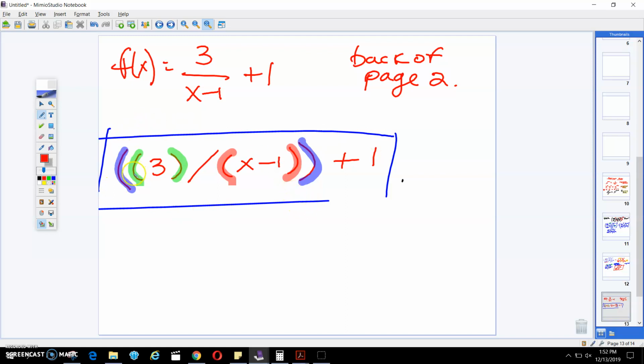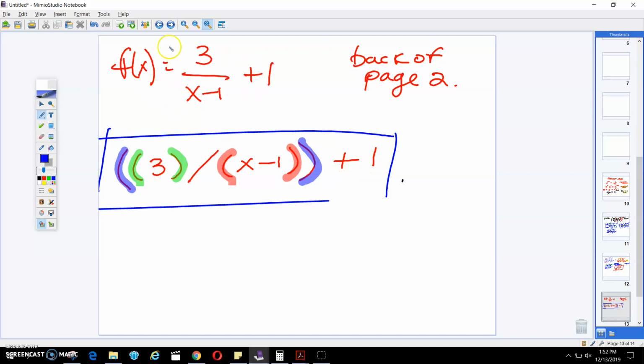The reason I have so many parentheses is if I just type in 3 divided by x minus 1 plus 1 with no parentheses, what I'm telling my calculator is this: 3 divided by x, minus 1, plus 1. Here, what's happening is we're saying take this number, divide it by this polynomial on the bottom, then take that whole fraction and add it to 1.